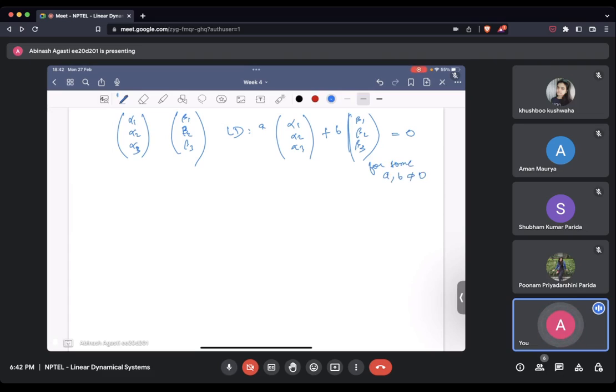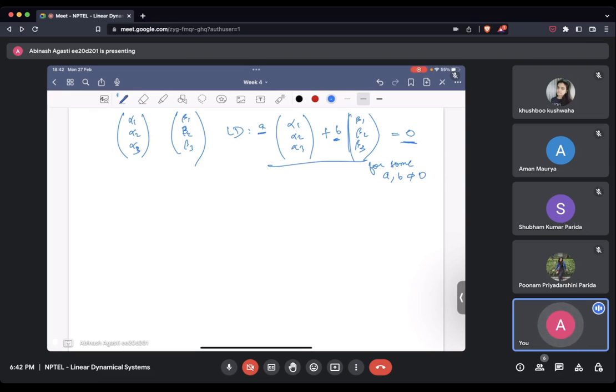So if you can find some non-zero real values, and using them as coefficients for these two vectors, you can find an expression which goes to 0, then these two vectors are linearly dependent. If they are not linearly dependent, then they are said to be linearly independent.